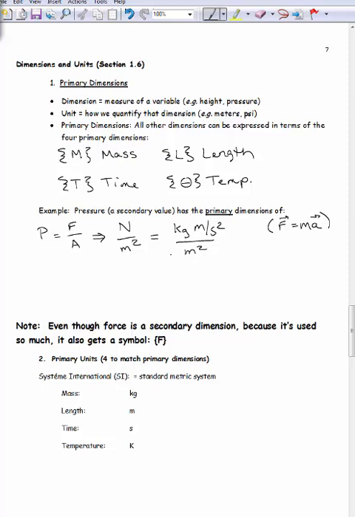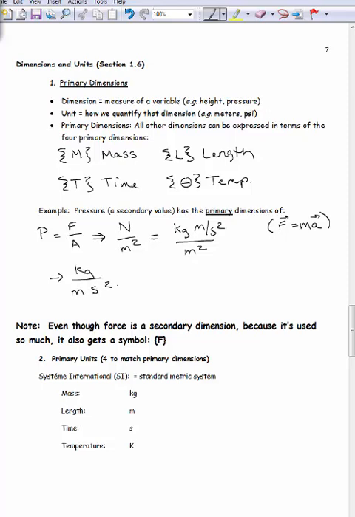So I don't like denominators within numerators or denominators within denominators like that second squared. So you just got to remember, if you're dividing, it's the same as multiplying by the reciprocal. So that is going to end up being kilograms. Now one of these meters is going to cancel, so I'm going to get rid of the meters there. Kilograms per meter second squared.